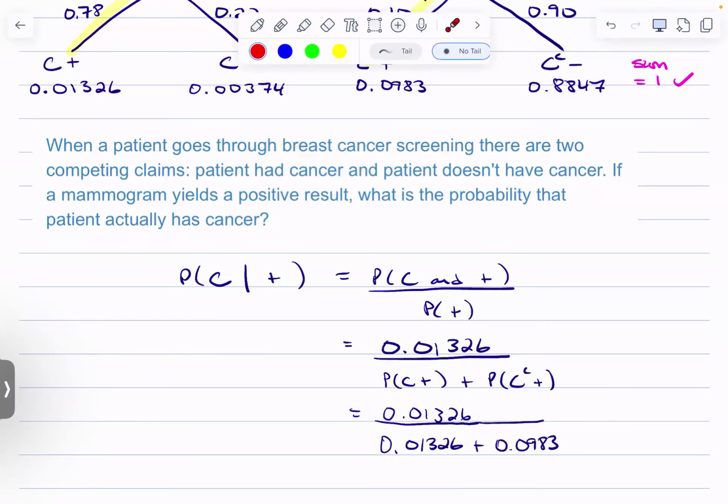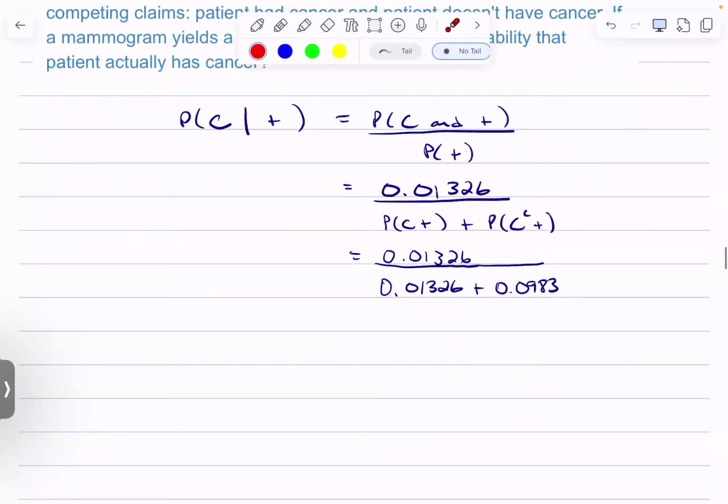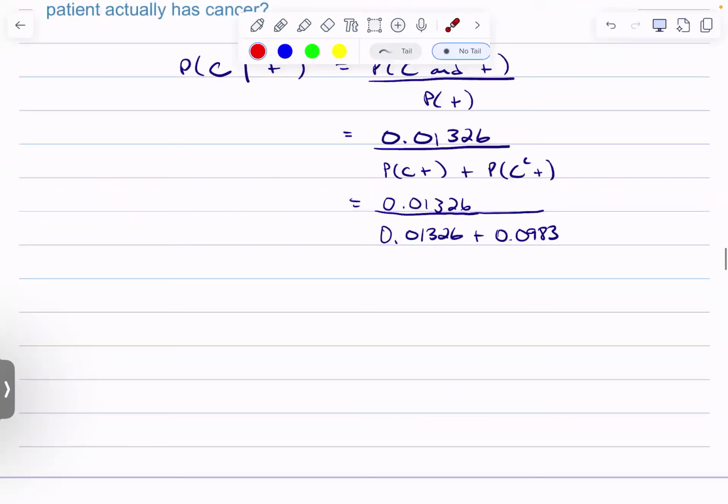So you want to be careful of that. So we have 0.01326 plus 0.0983, which gives 0.11156. Then 0.01326 divided by that previous answer.